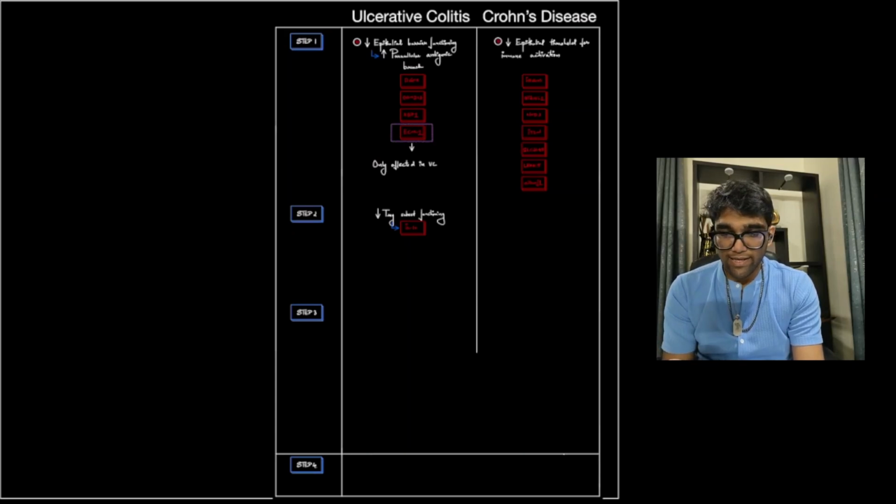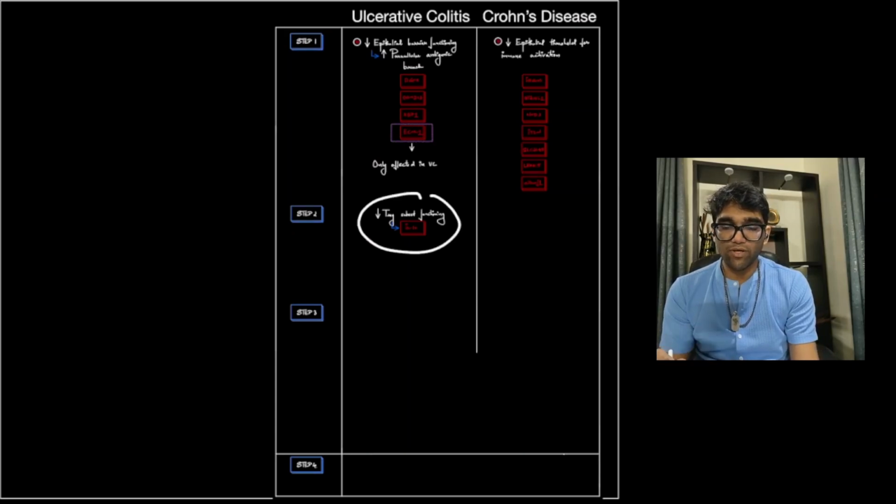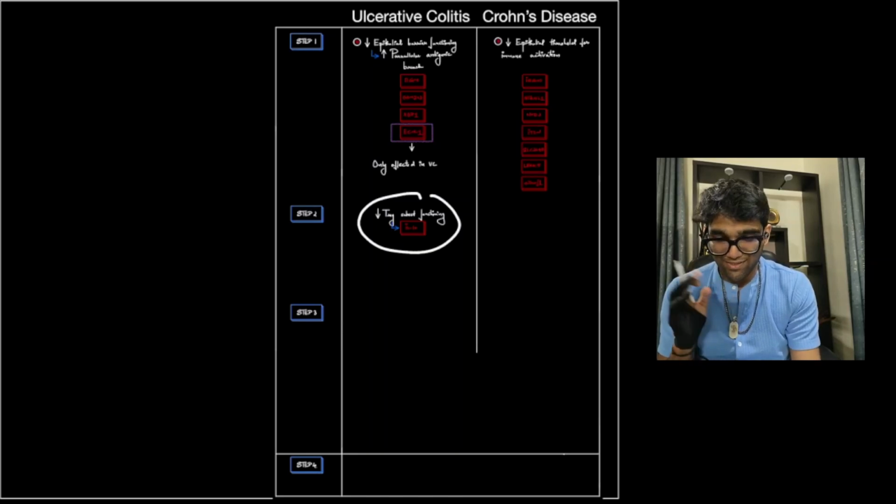So T regulatory cell dysfunction occurs because of abnormalities in IL-6. When we discuss primary immunodeficiencies, we'll be discussing defects in T regulatory cell function. There are 4 different types of T regulatory cell function defects that result in 4 broad categories of primary immunodeficiencies. 3 of them have prominent colitis, and that is ulcerative colitis. So you see the correlation there.